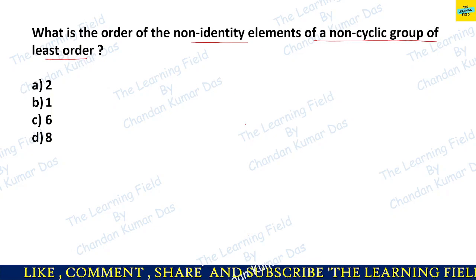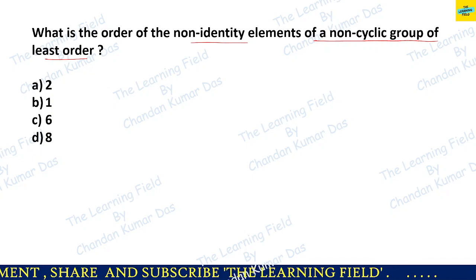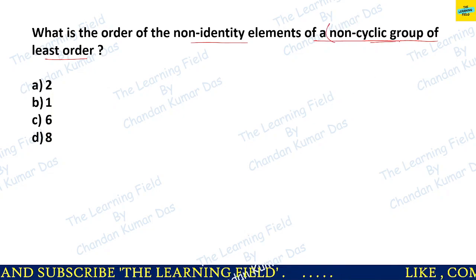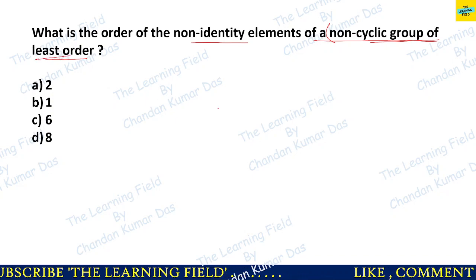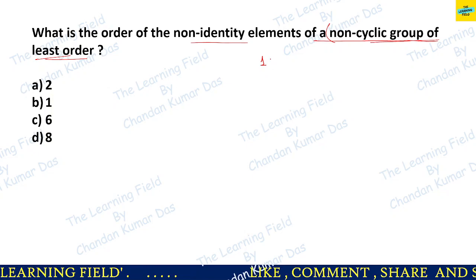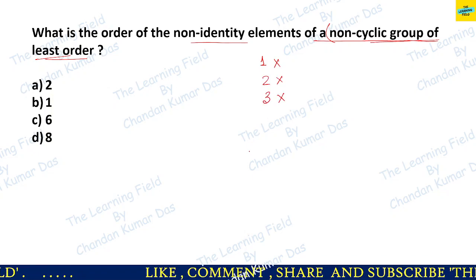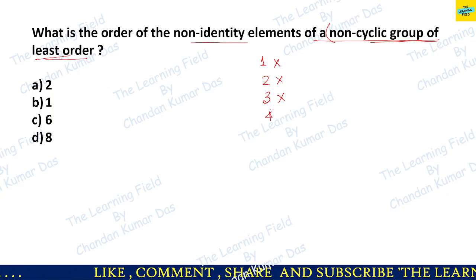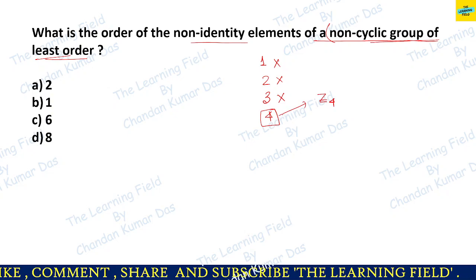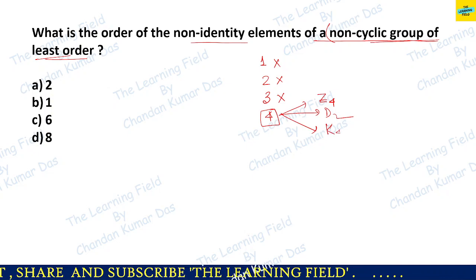So this is a very tricky question, and I made it based on a specific group. Which is the non-cyclic group of least order? There is no non-cyclic group of order 1, 2 or 3. Order 4 does have one. What can a group of order 4 be? It can be Z4, or D2, and another special one, the Klein 4 group K4.